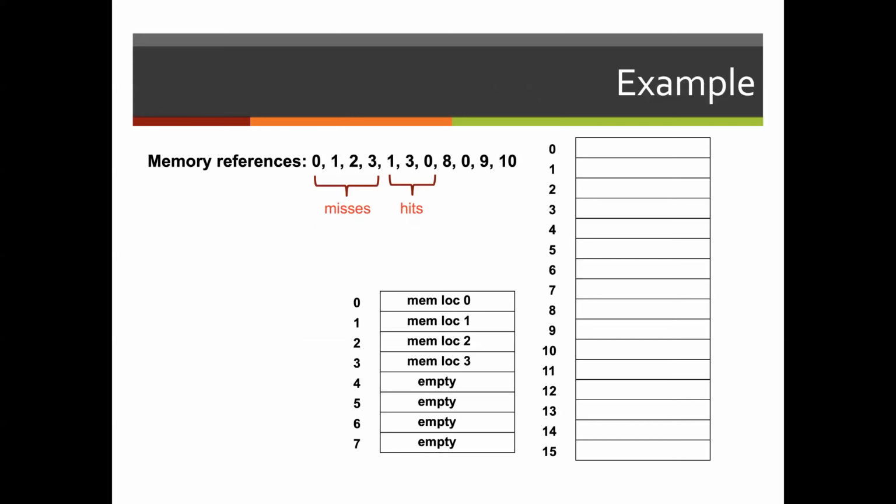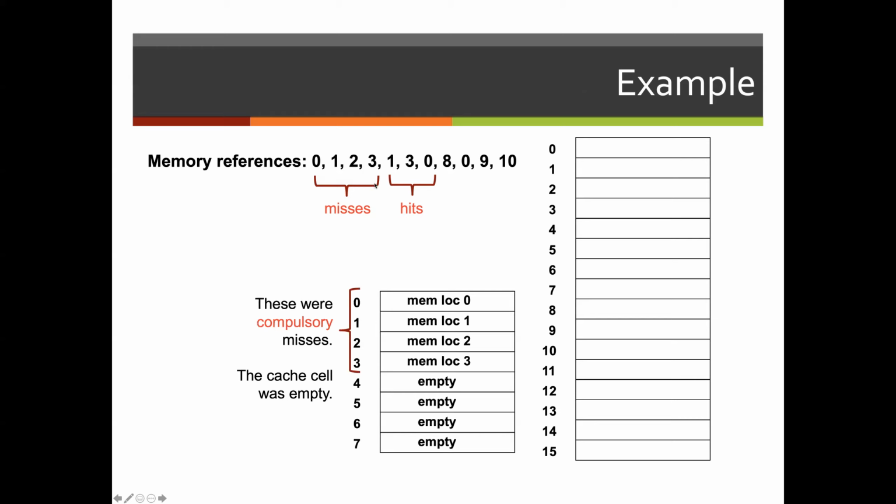So let's consider an initial example. In this example, let's say that we have memory references that occur in the following order: 0, 1, 2, 3, 1, 3, 0, 8, 0, 9, and 10. Initially, for the first instructions, these are always going to be compulsory misses.